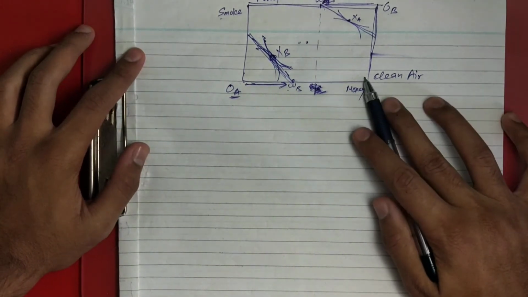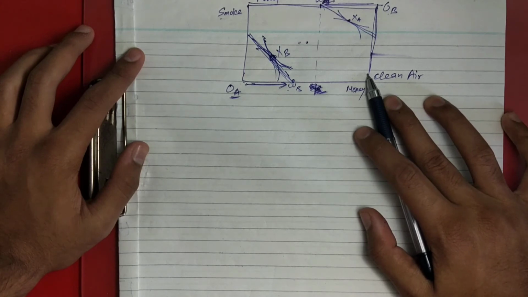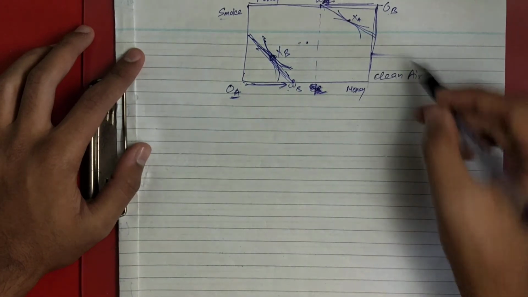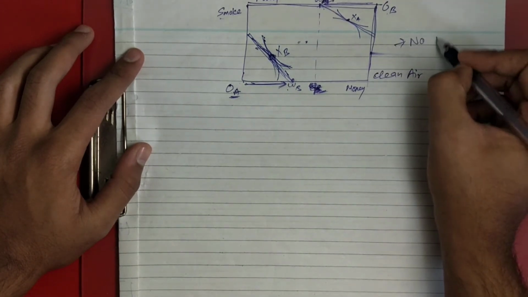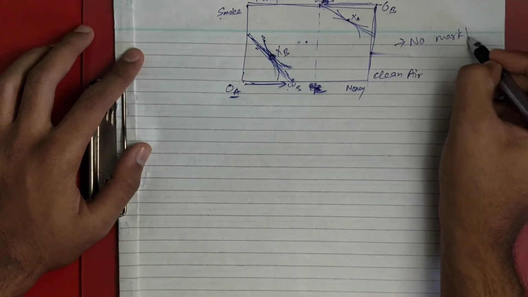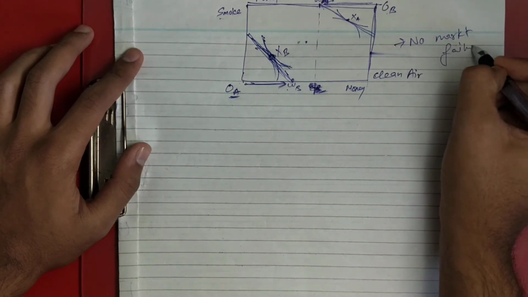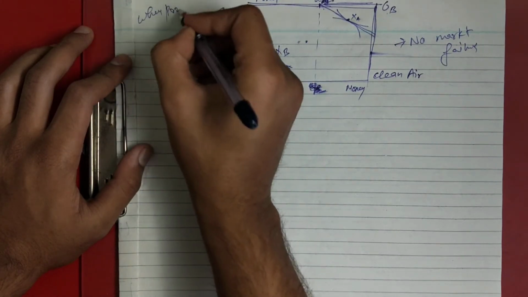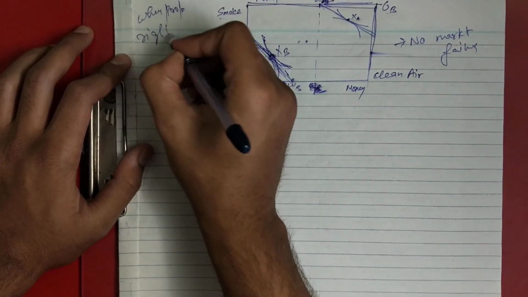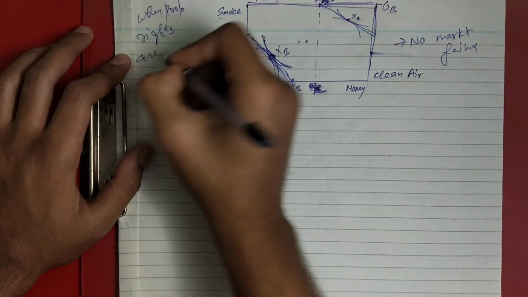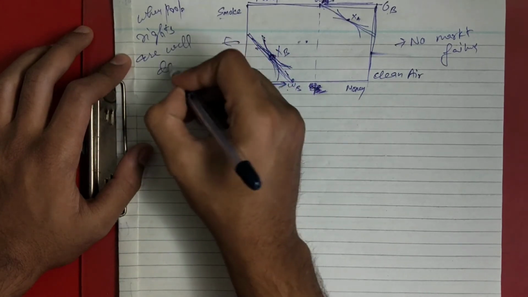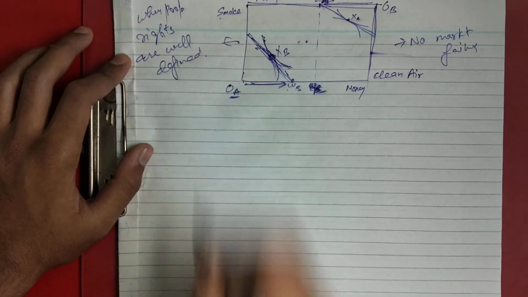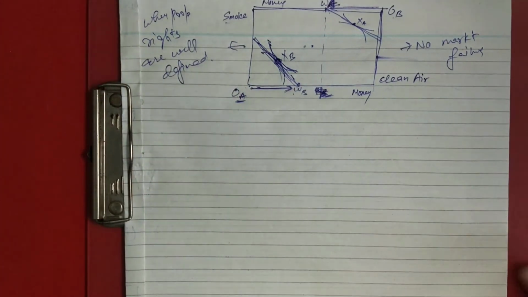Okay, this is the case when property rights are well defined, so there was no market failure.